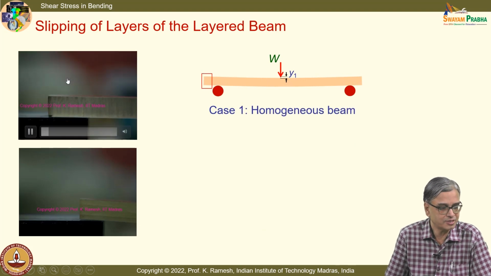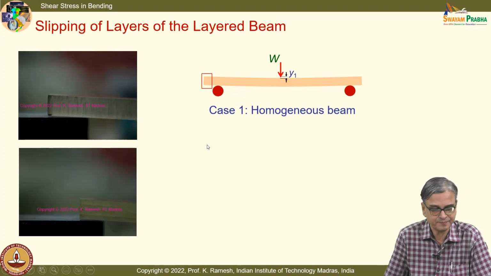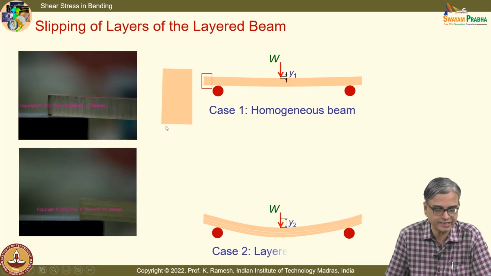Fine. You observe this video, and what you find when I apply the load, I am showing only this portion. You could see that this is getting lifted. Fine. This is for a homogeneous beam. So you have this only like this, there is no significant change on this, this remains straight on the edge.